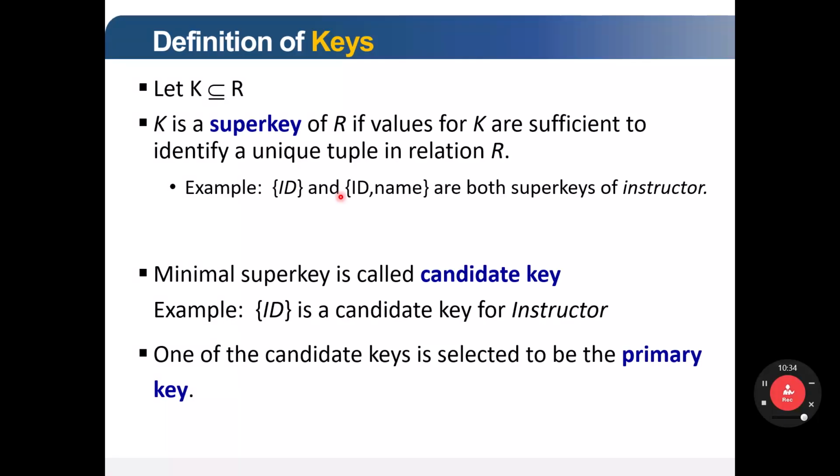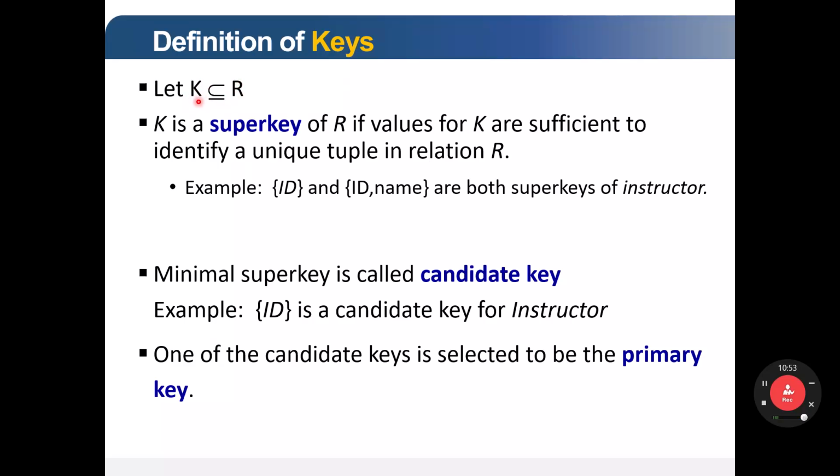Next, let's formally define the notion of keys. So what is R? R is a relation schema, which is a set of attributes. And the key K is a subset of the relation schema.